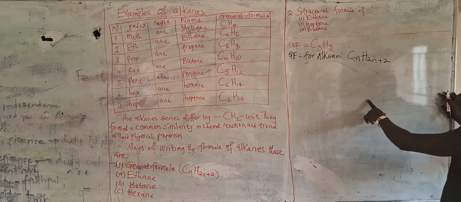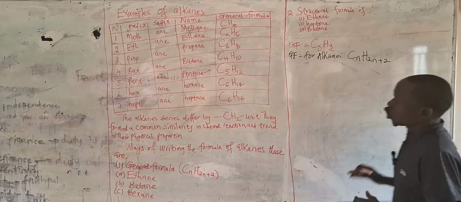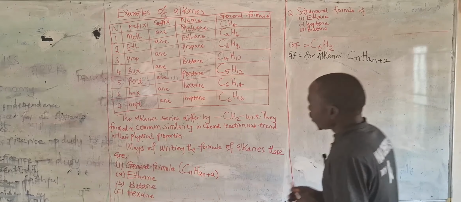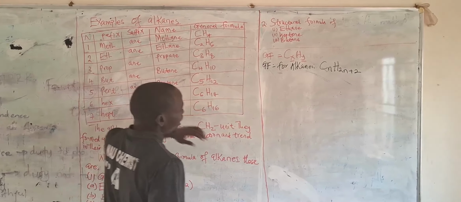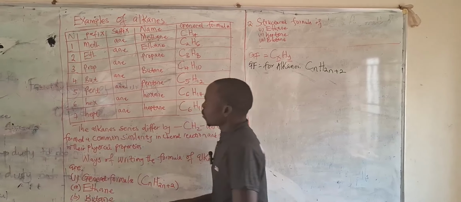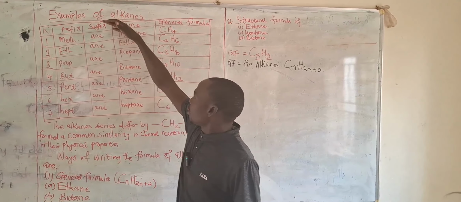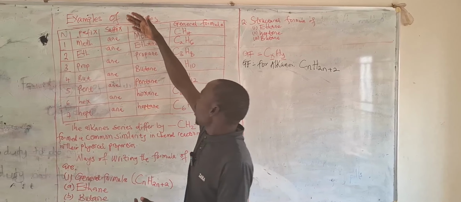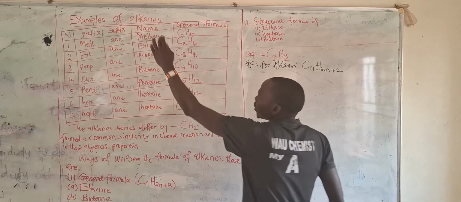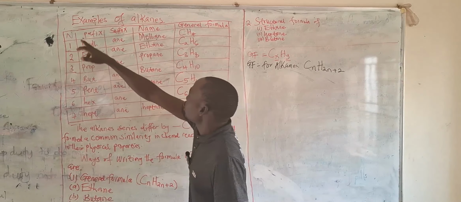Any number given here, you can fix it here and you'll be in a position to get the formula. Today we are starting with n equals 1. If n is 1, then the prefix is meth, and the suffix is ane, so you get the name methane. If it has one carbon atom, we call it methane.